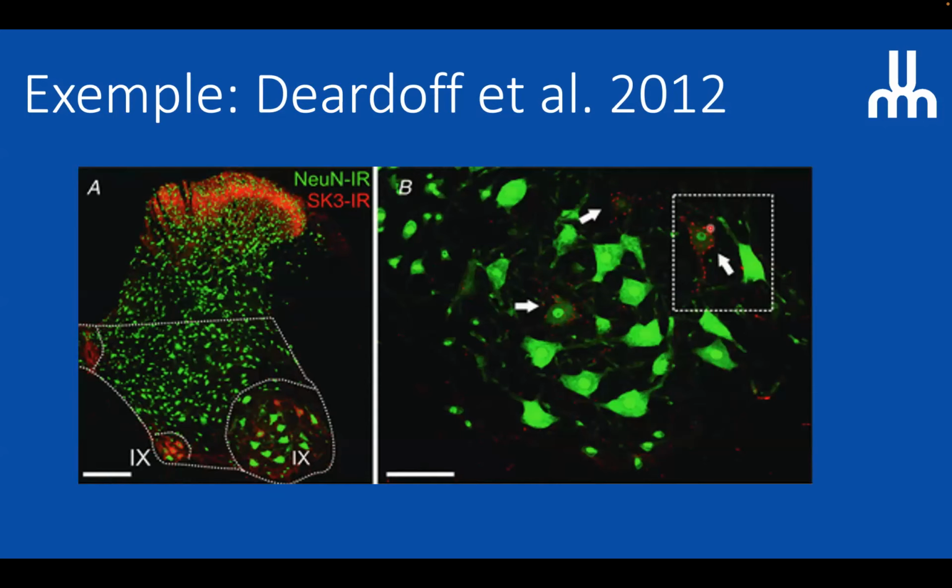And then they made an inset here where they show this region, the lamina 10 region. Within this image, they put some arrows to show, okay, this little cell here and maybe this little cell here are of interest. You can clearly see that the staining is very strong in the motor neurons, but you can also see clearly the staining of the SK channels.